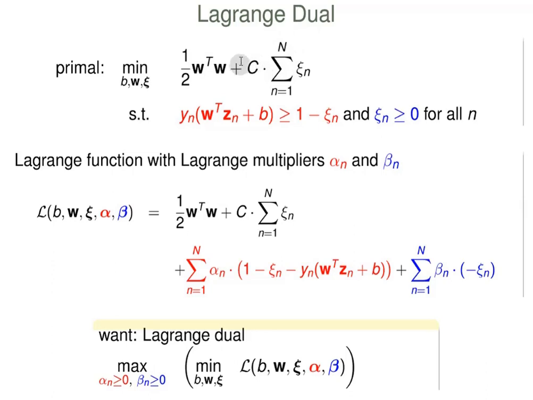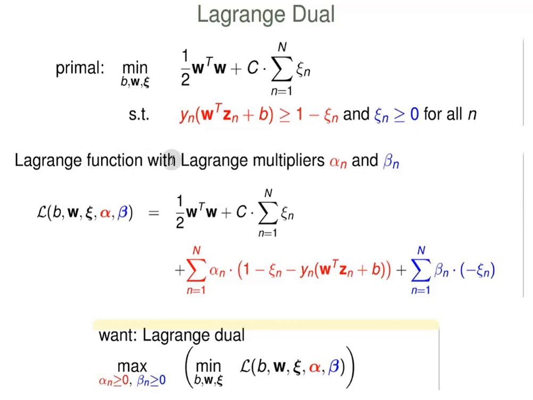So the role of the parameter C is very important here. We can solve this problem using a quadratic programming approach, just as we did in the hard-margin SVM.